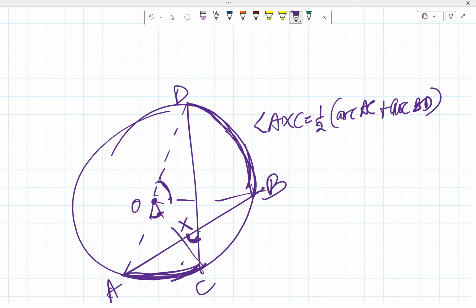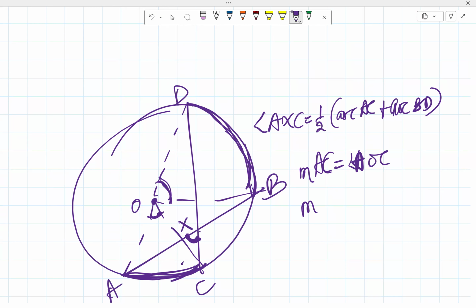We know that the angle AXC right here is what our focus is on, right? So let the measures of arc AC and BD correspond to angles AOC and BOD. So we have AOC and BOD. The measure of arc AC is angle AOC.